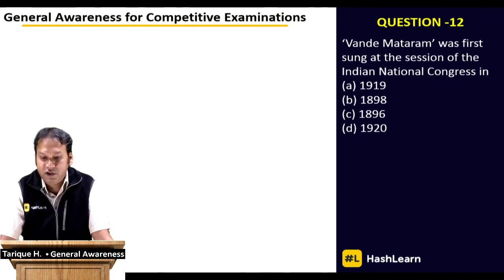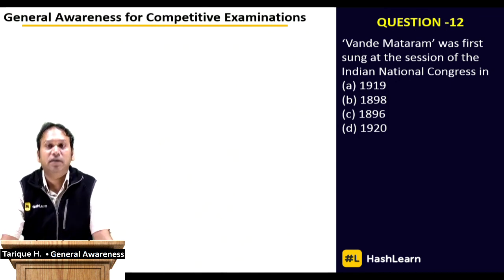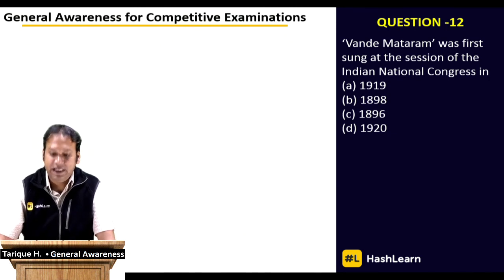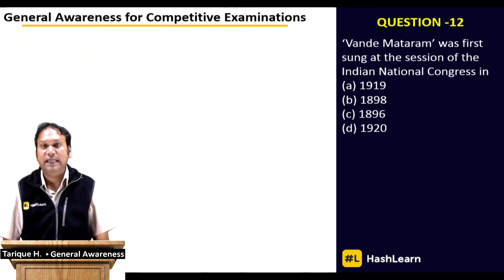So Vande Mataram was first sung at the session of the INC in which of the following years? Is it 1919? Anyone studying history, academically in school or college, should be aware of this. 1919, 1898, 1896, or 1920?